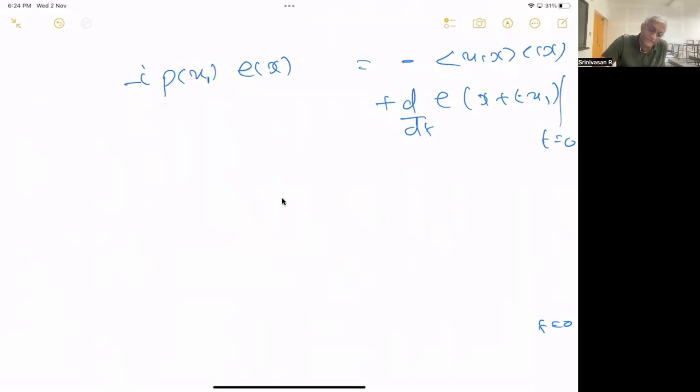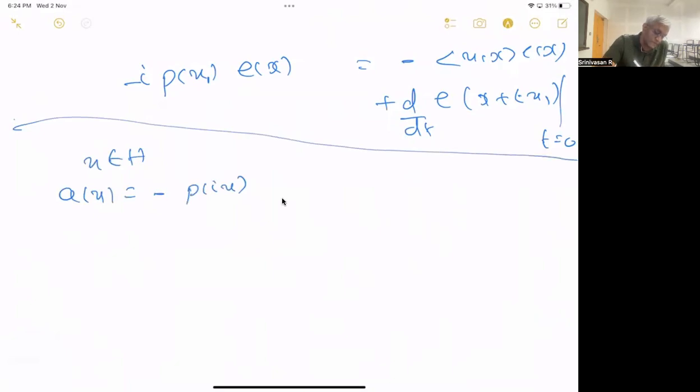Now I want to define some new operator. So define A of u equal to minus P of iu, where u is in H, plus i times P of u.